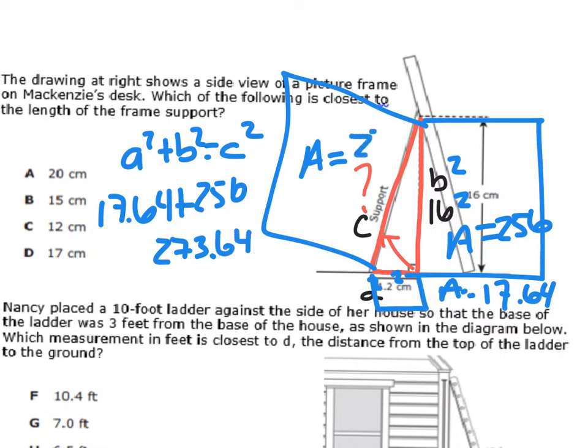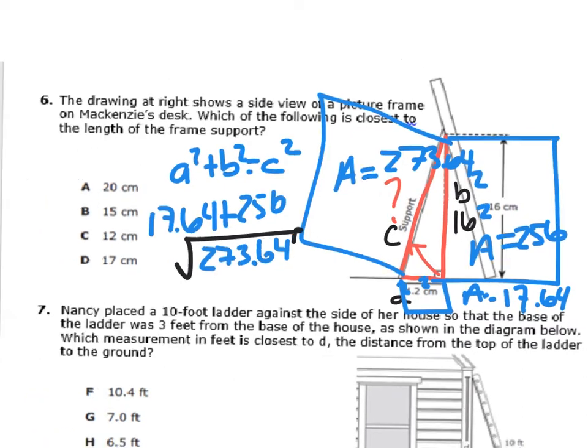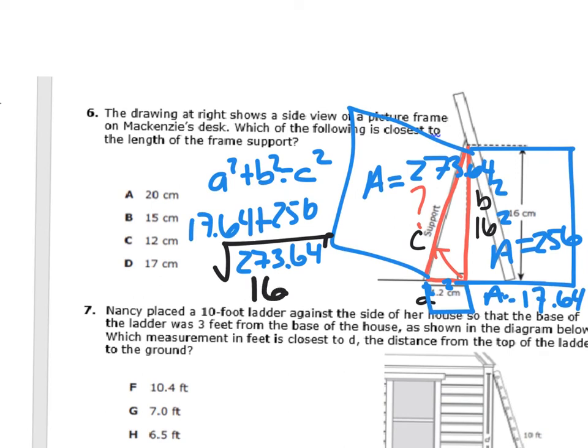But that's my area, and it didn't ask me for my area. It asked me for the side length, so we're going to go ahead and do the square root. So the square root of 273.64, and I get 16.54 if I round.